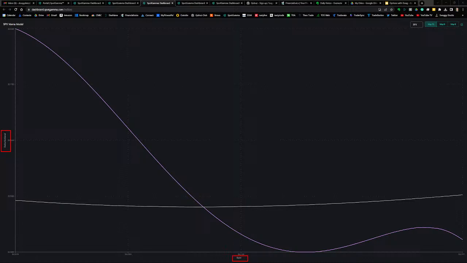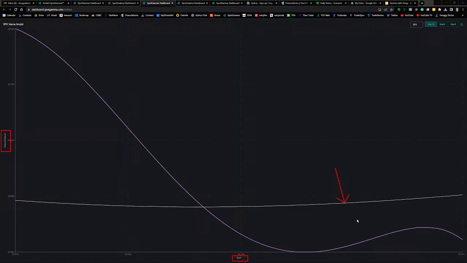There are two curves on this chart. The first is this light gray curve, and that is showing how market makers' delta notional changes with changes in price. And according to this graph, there's hardly any change in market makers' delta notional with changes in price.